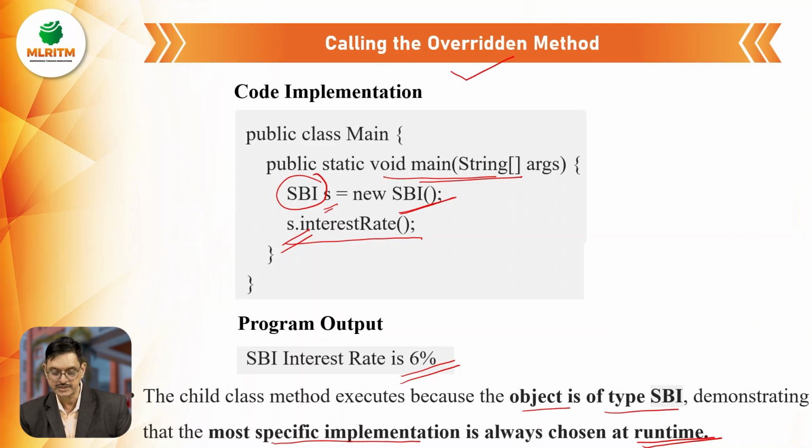Here we demonstrated only one child class, but using inheritance we can create a number of child classes. Whatever object we create for the specific child, that version of the method will be executed, and this exhibits runtime polymorphism.